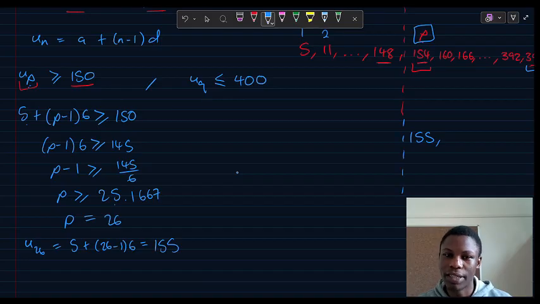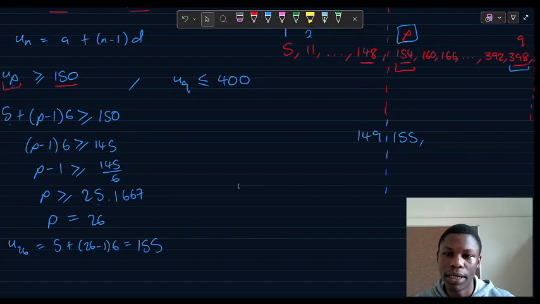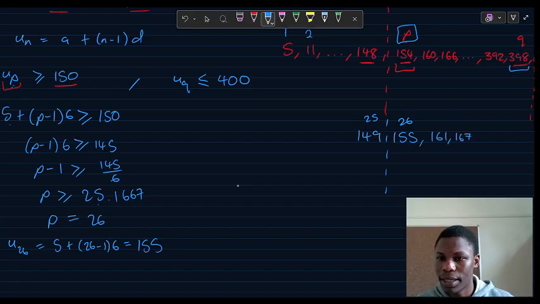And the previous term, we can get that because we know what d is. Our d is 6, so it must mean the previous term is 149. And clearly 149 is not greater than 150, so it's not within the interval that we want. 155, that's position 26. This is position 25. And then if I added there, that would be 161, 167.